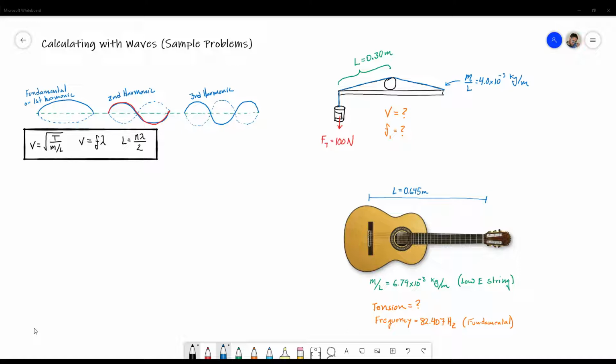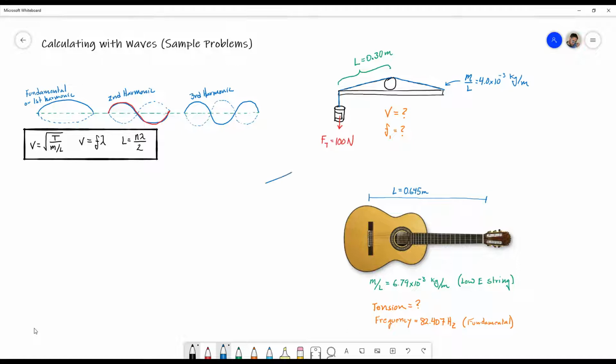So the first one is based on the pictures that you see up here. This is a side view of the makeshift guitar of sorts that I made back at the beginning of this unit when we were exploring vibrations and waves, where we put a cup on a desk, and maybe you can see it here in the middle.